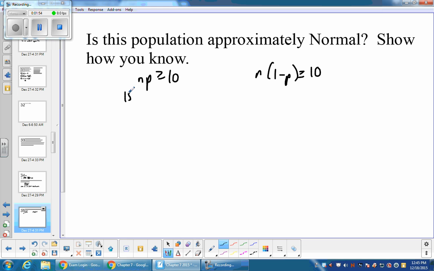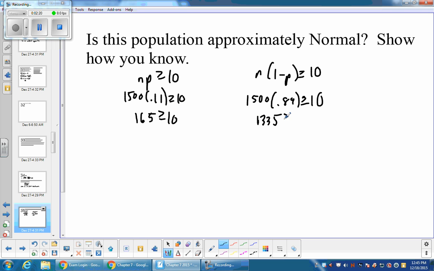So that's 1,500 times 0.11 and 1,500 times 0.89. 1,500 times 0.11 is 165, and 1,500 times 0.89 is 1,335. Since both of those are bigger than 10, we can use our normal approximation.